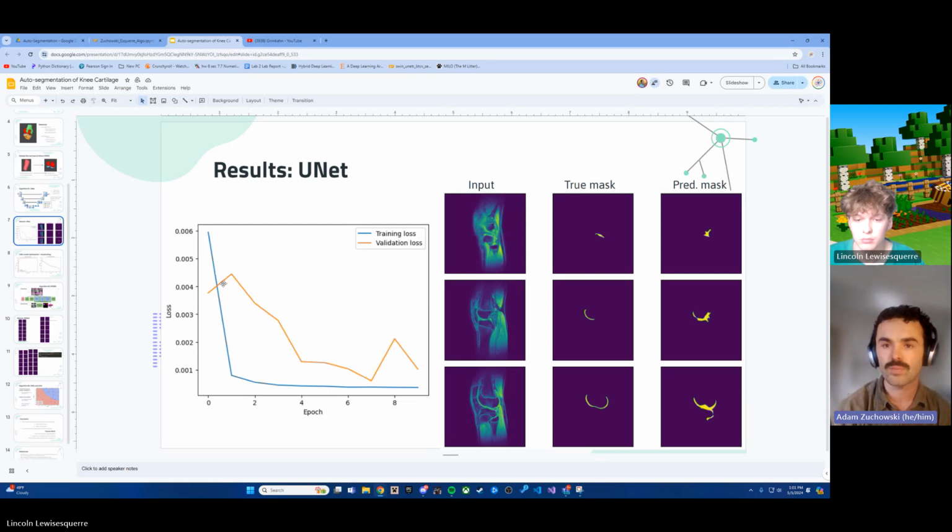We used binary focal cross entropy loss because we wanted to put more focus on the true positives than the true negatives. The reason is that in our desired output, the samples are really skewed toward more voxels which represent not cartilage than cartilage, so we wanted to use the focal loss function instead.